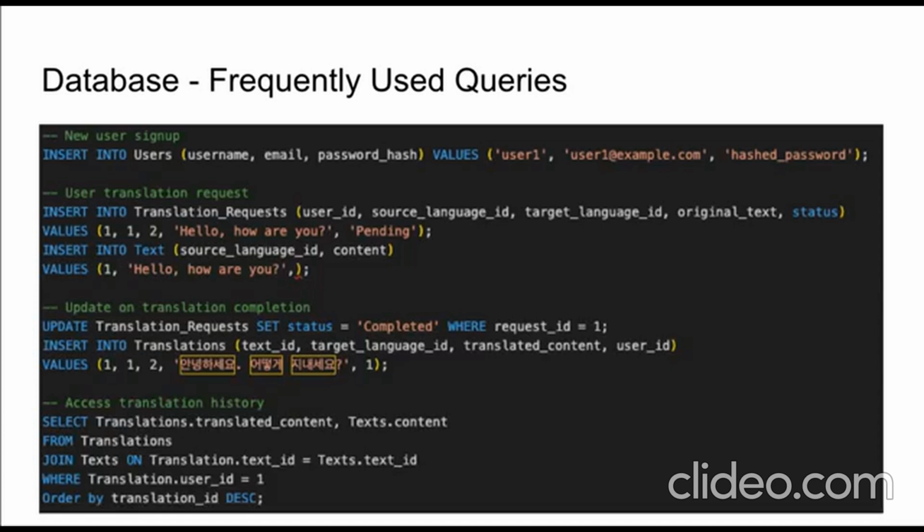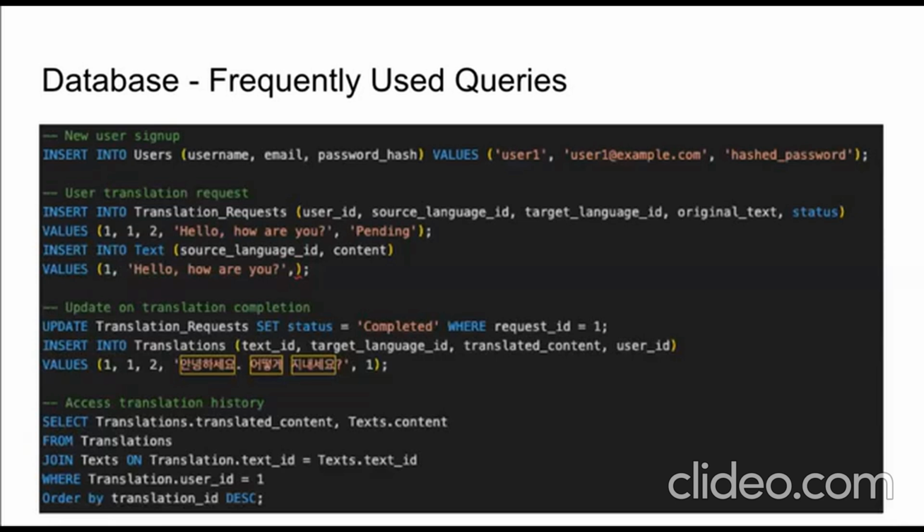And then when we finish the translation, we first update the translation request, changing its status to completed. And then we insert a new row into our translations table that records the text ID, the language it is translated to, the translated content, and also the user ID.